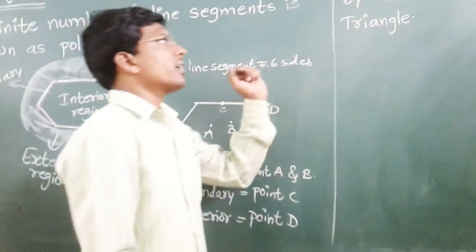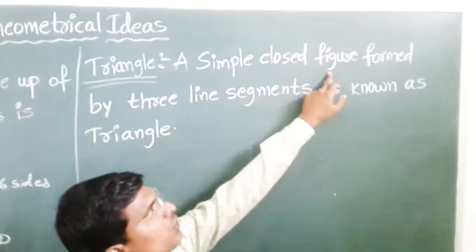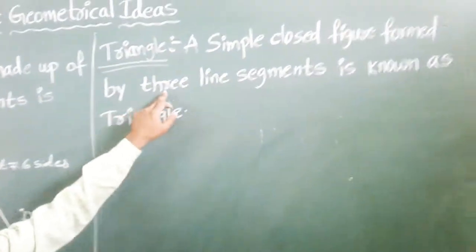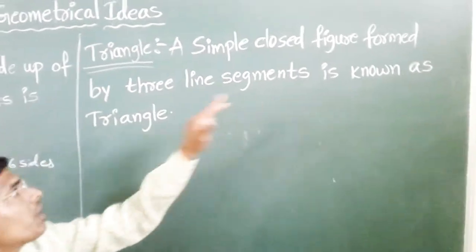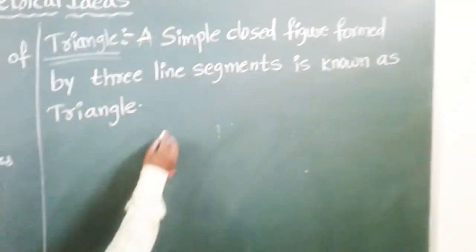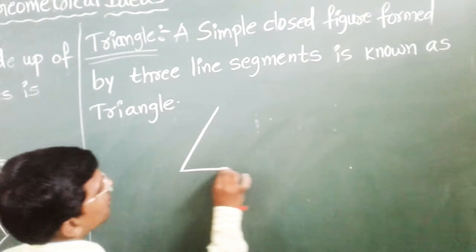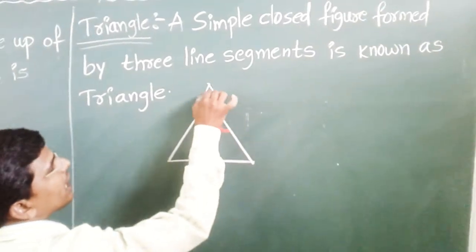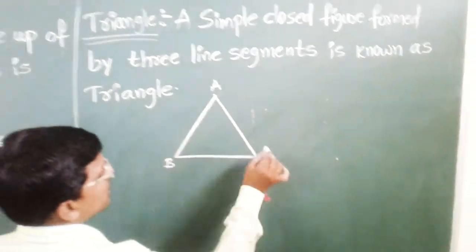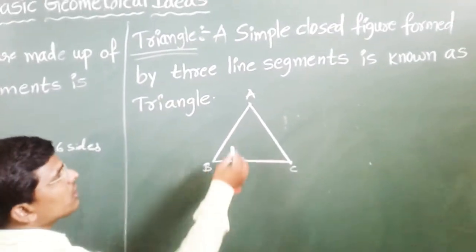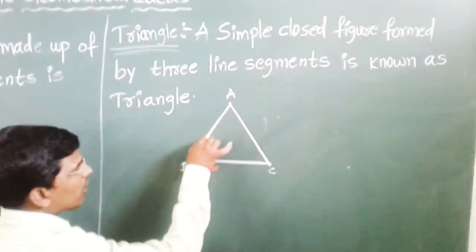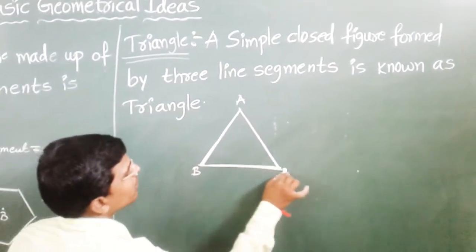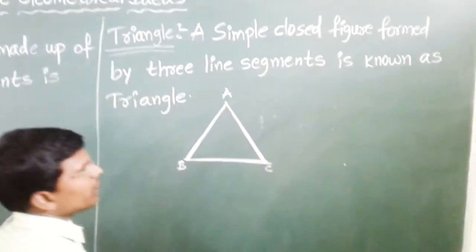Next, triangle. What is meant by triangle? A simple closed figure formed by three line segments is known as a triangle. See, this is one line segment, the second line segment, and the third line segment. So this is A, B, and C. This is a triangle because it has three line segments and it is a closed figure.